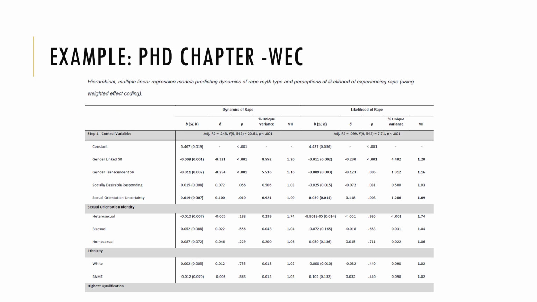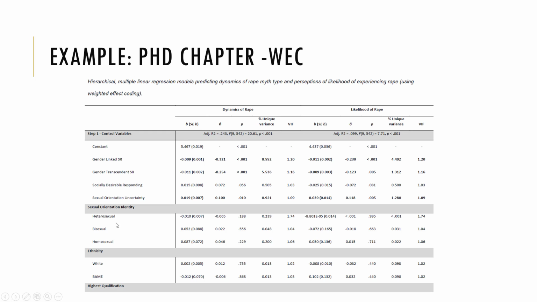In mine, I actually did weighted effect coding because I had larger numbers of, say, heterosexual individuals than bisexual and homosexual. So I took into account the fact that I had larger groups, which can distort the differences between different groups in things like regression, ANOVA and so on. And these were all compared in relation to the overall mean.